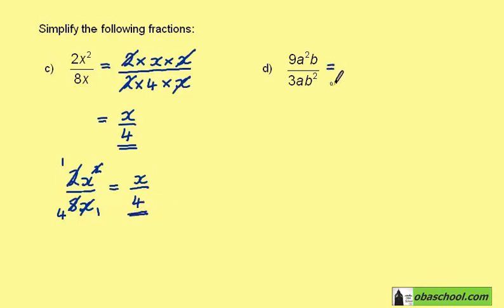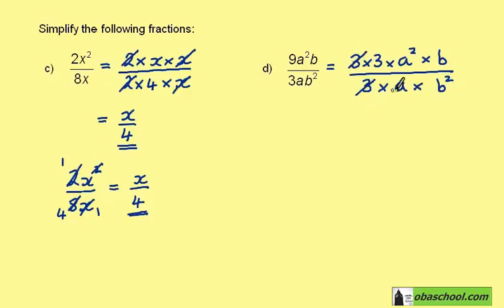We now have 9a squared b over 3ab squared. We could write this as 3 times 3 times a squared times b, divided by 3 times a times b squared. 3 cancels with 3.